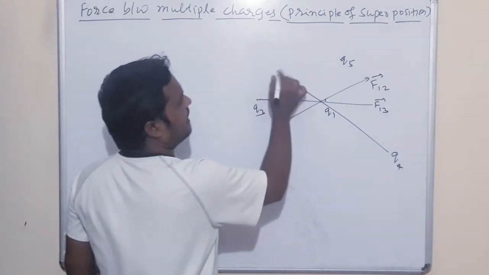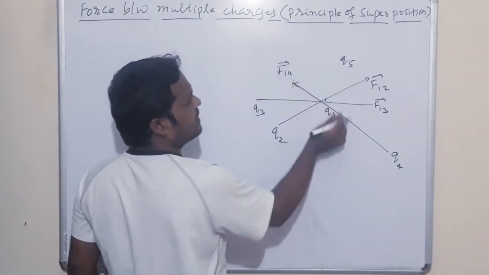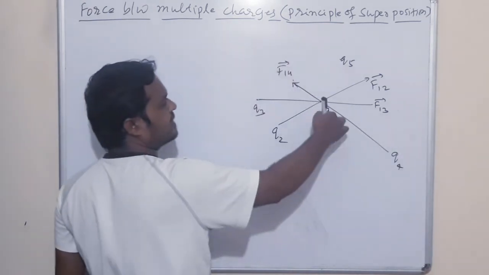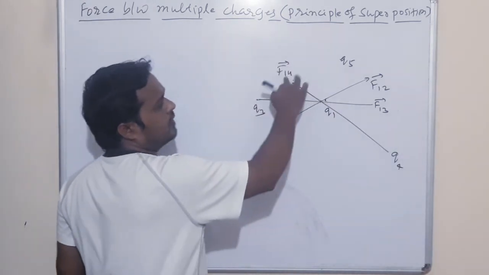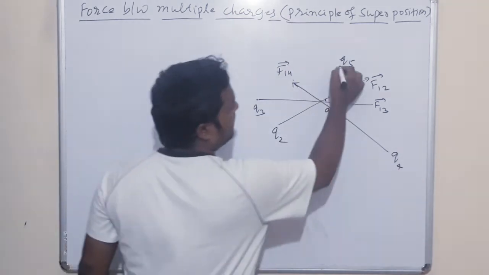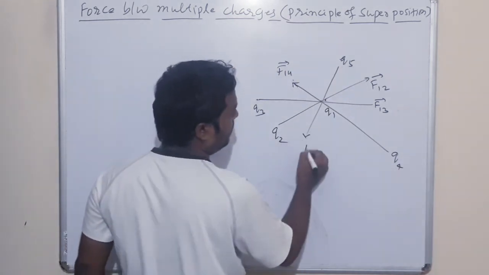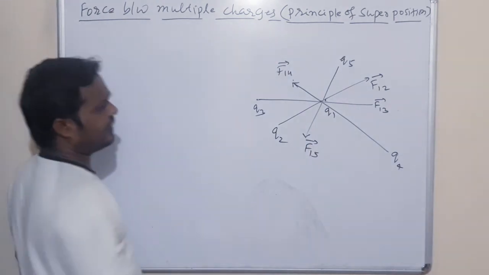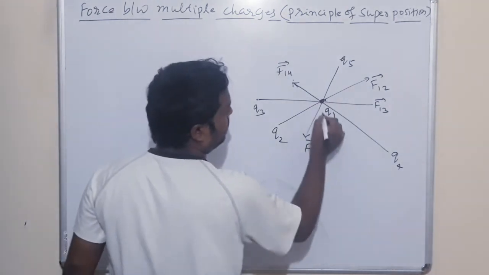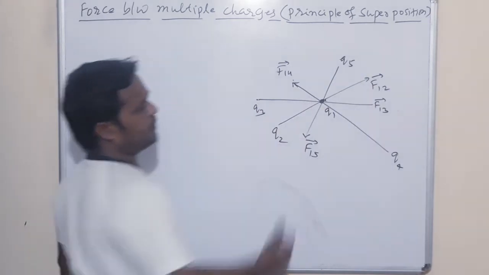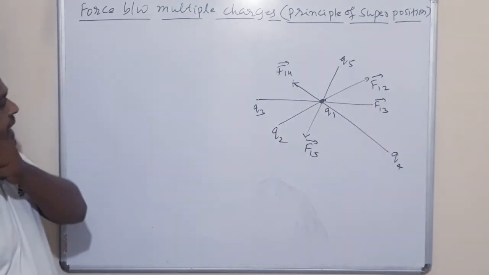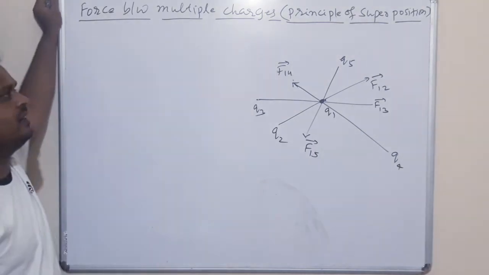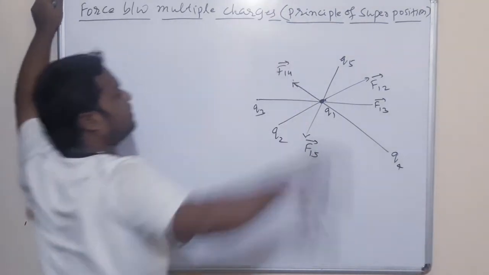If I write here F14, the force acting on the first charge because of Q4, force on Q1 due to Q4. Then this will be the force on Q1 due to Q5. Q1 is acted upon by 4 other forces. Then if I want to calculate the net force acting on Q1, I will use this principle.